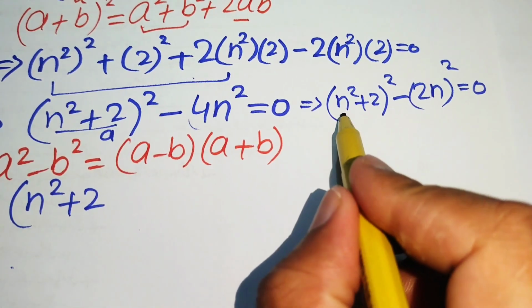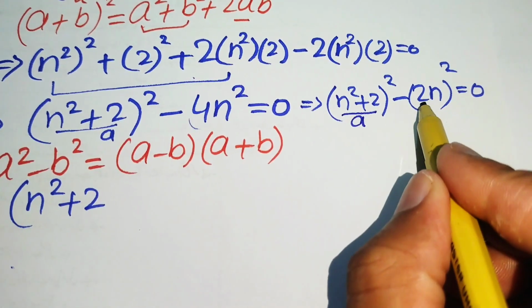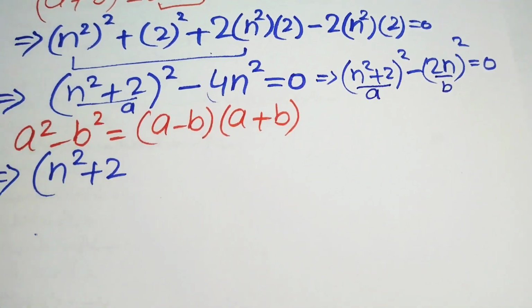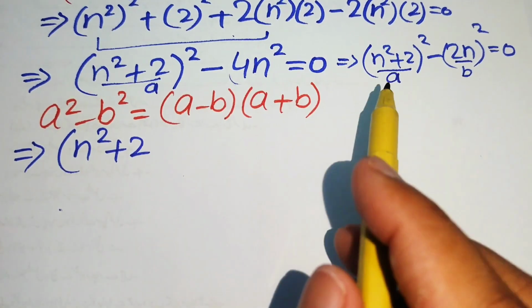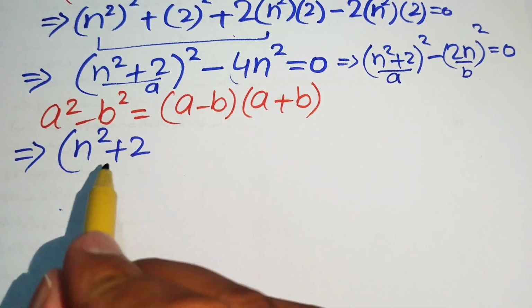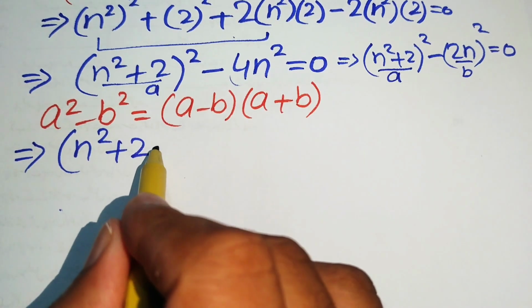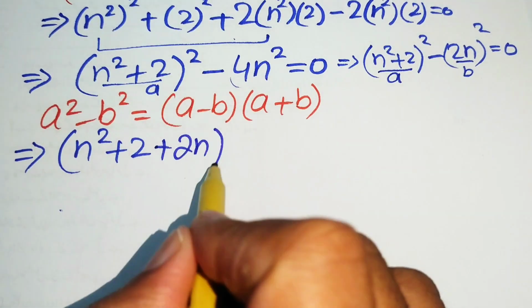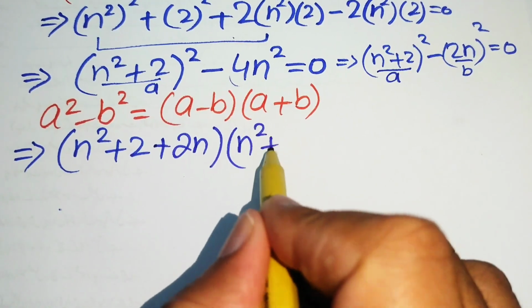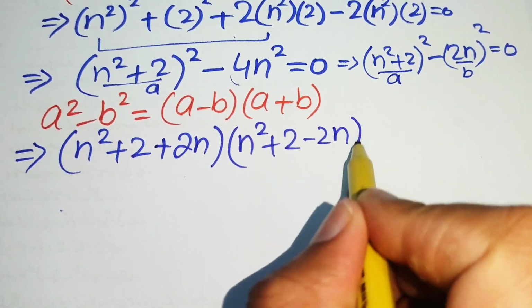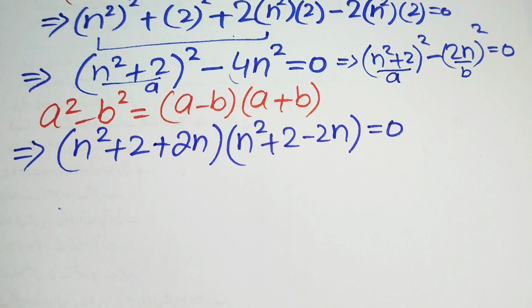So this means that n square plus 2 is over a and 2n is over b. So now we substitute these two values in this formula, and we get n square plus 2 plus 2n into n square plus 2 minus 2n equals to 0.